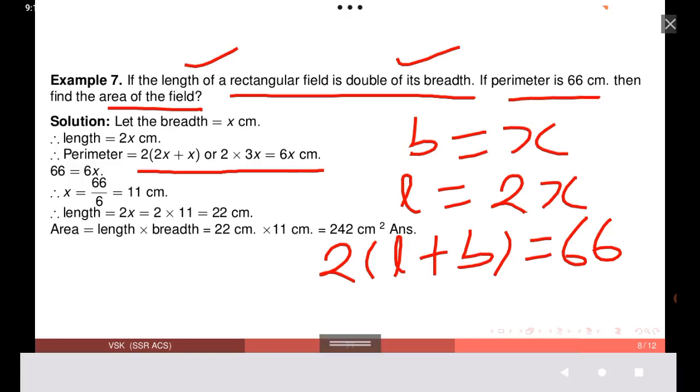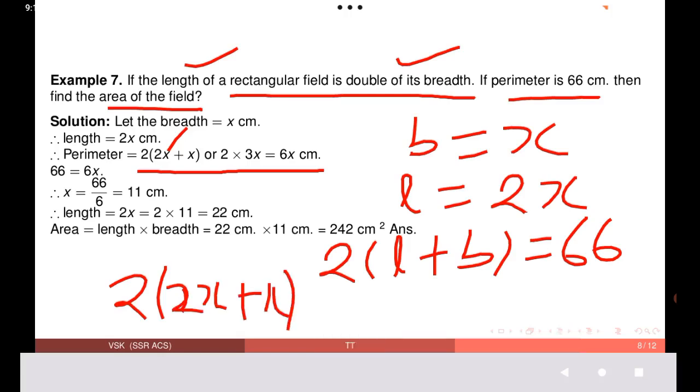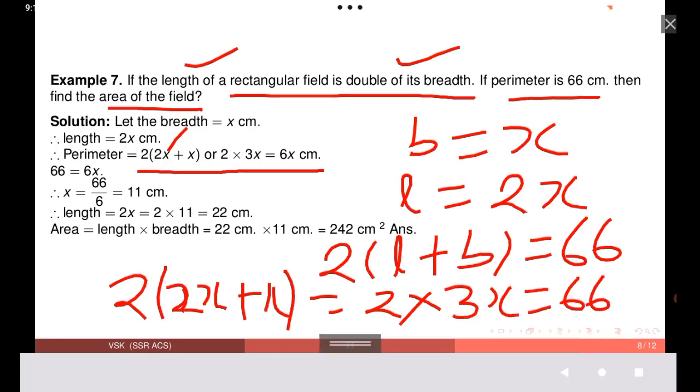So this will be 2 into 3x, because 2x plus x is 3x. So this will be 2 times 3x, and we know this is given as 66. So 2 into 3 means 6x is equal to 66, which is written over here.